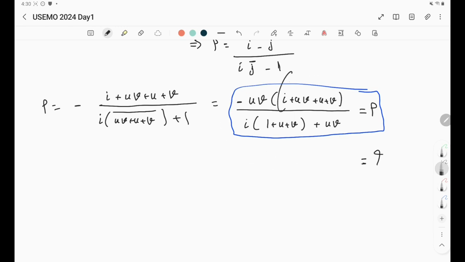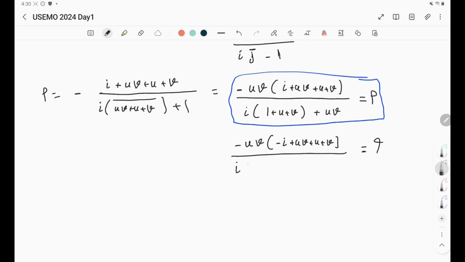We just need to swap I with negative I here and here. So it's going again to be minus UV minus I plus UV plus U plus V divided by I times 1 plus U plus V plus UV. Sorry, this one is minus. Okay, so now we found Q as well.